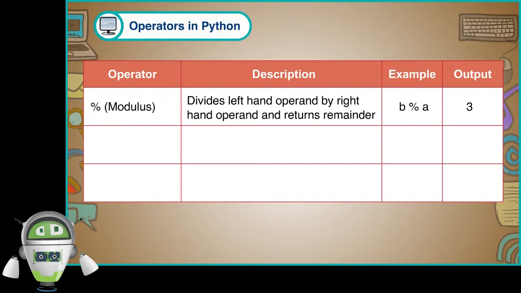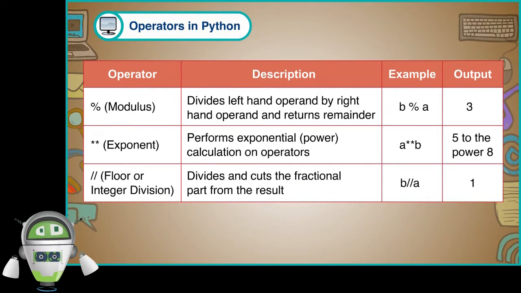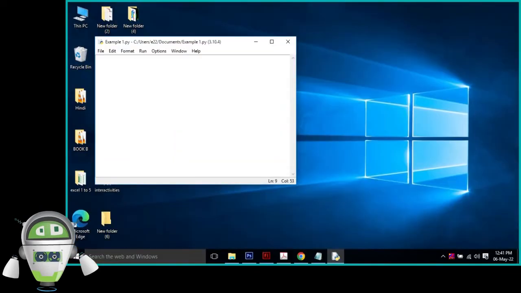B modulus A, 3. Exponent. Performs exponential power calculation on operators. A exponent B, 5 to the power 8. Floor or integer division. Divides and cuts the fractional part from the result. B integer division A, which comes to 1.